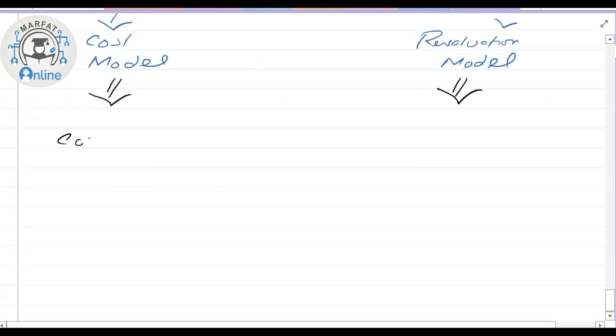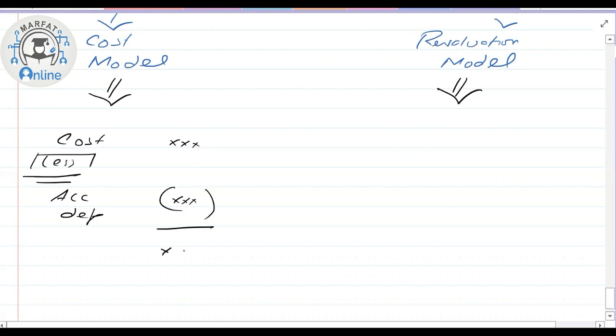Now the cost model is cost less accumulated depreciation. It gives you the carrying value.